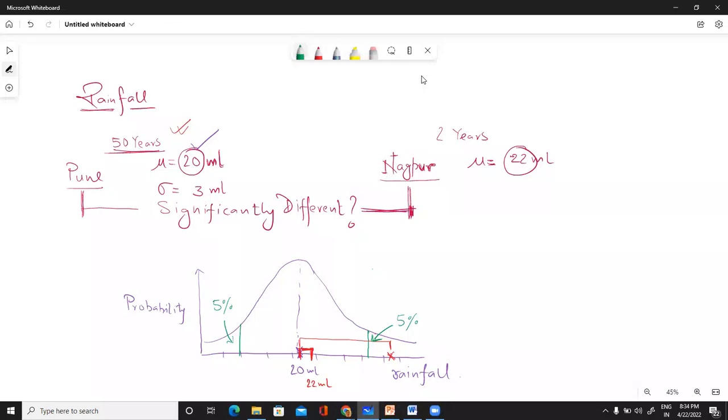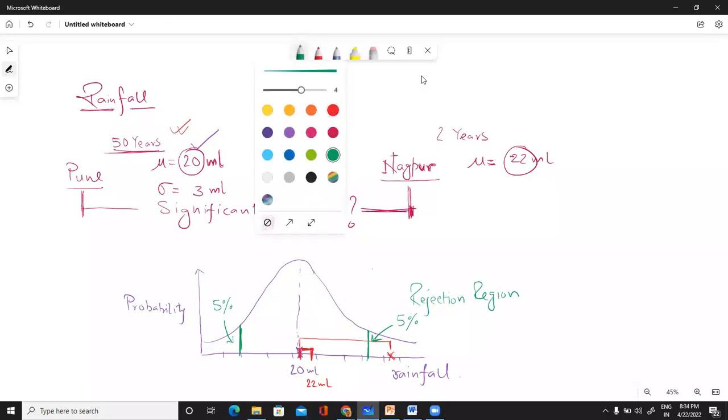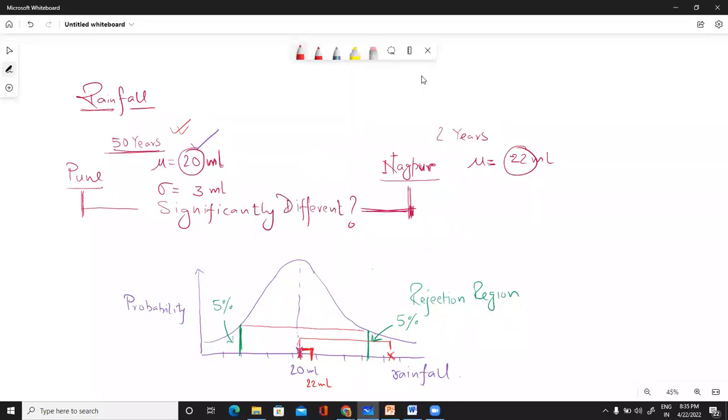Okay, so this area we demarcate in the two tails and we call them the rejection region. And all the area in between, from here to here, we call the acceptance region.